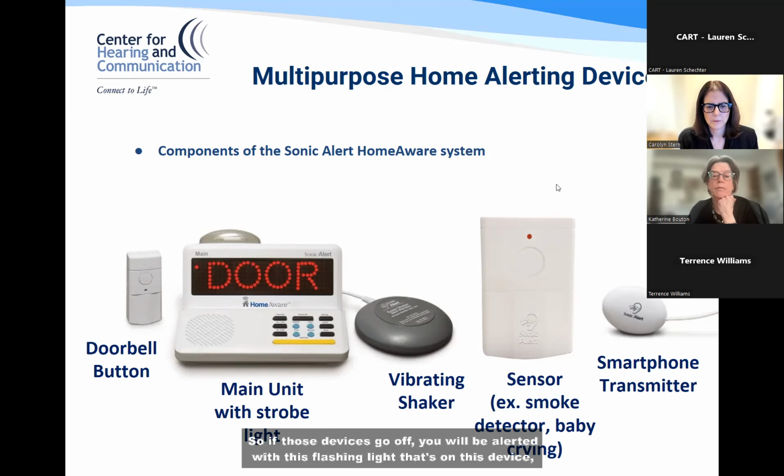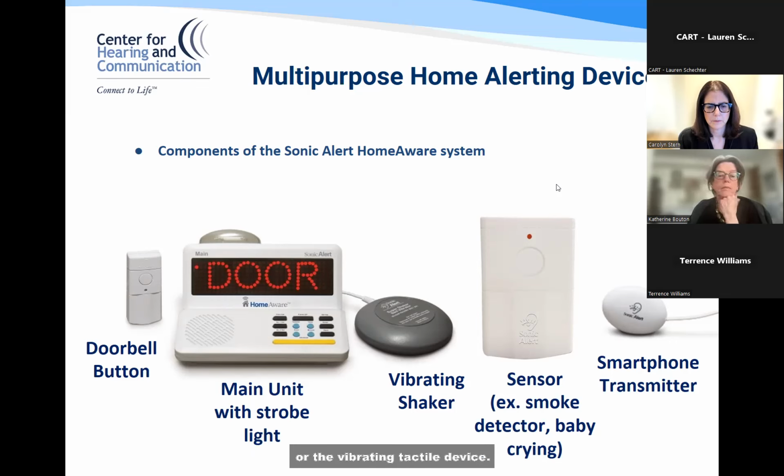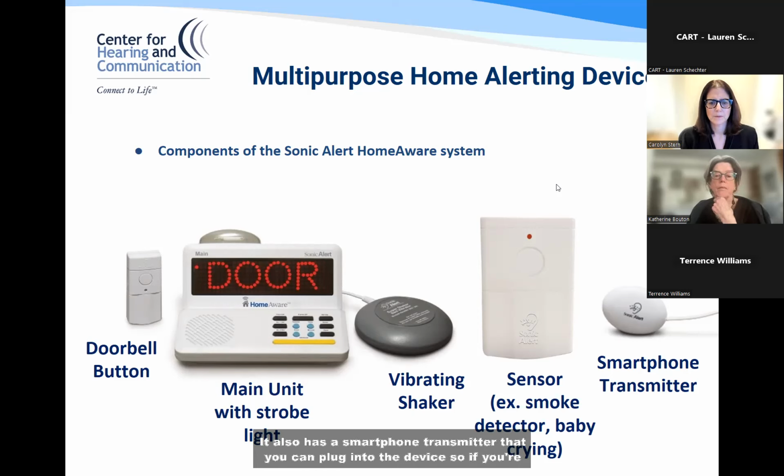So if those devices go off, you will be alerted with this flashing light that's on this device or this vibrotactile device. It also has a smartphone transmitter that you can plug into the device so that if you're not near this device, or let's say you're in your back garden or you're out on your terrace or wherever you might be in your backyard, if someone rings your doorbell and it's attached to this receiver, it will send a signal to your cell phone that you can see that someone is at your front door.